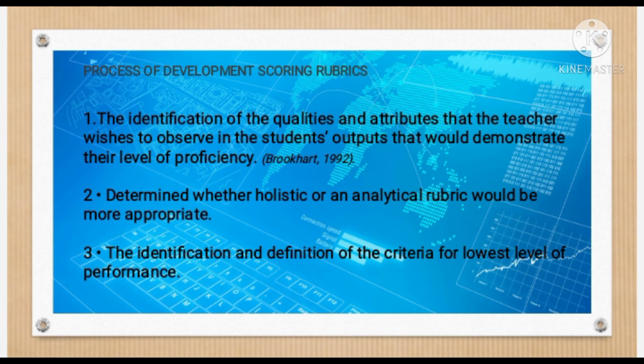First is the identification of the qualities and attributes that the teacher wishes to observe in the students' outputs that would demonstrate their level of proficiency. Second, determine whether a holistic or analytical rubric would be more appropriate. And the third is the identification and definition of the criteria for the lowest level of performance.